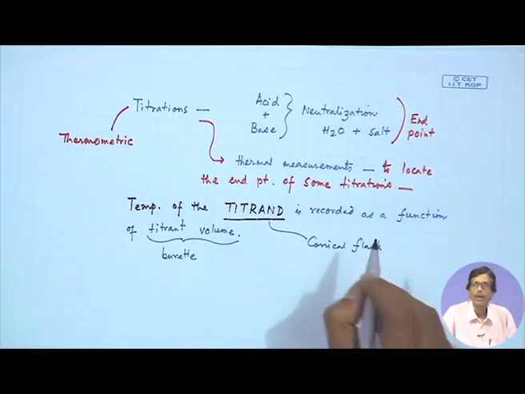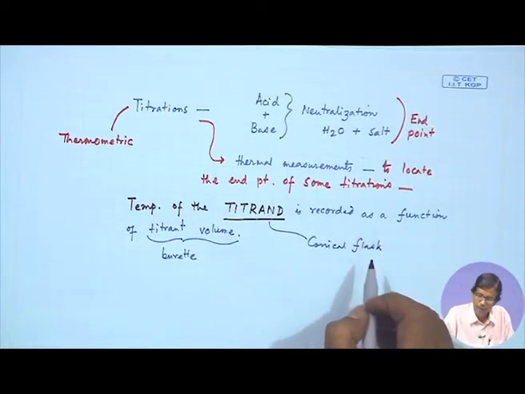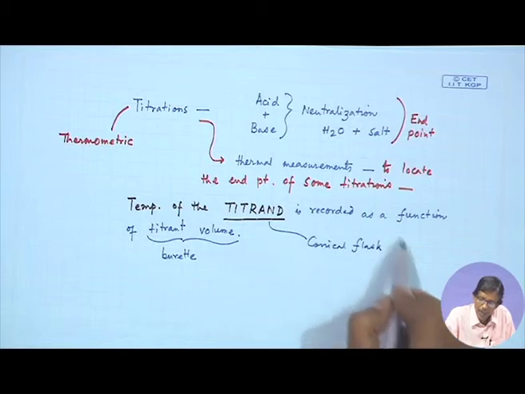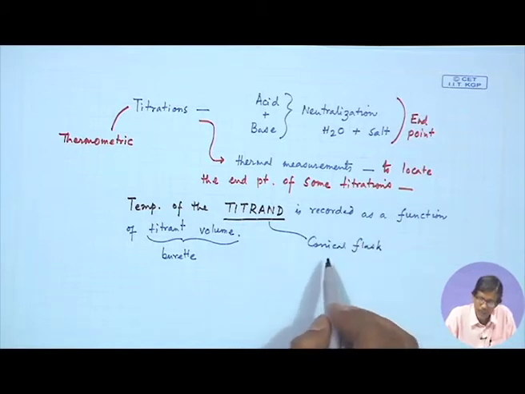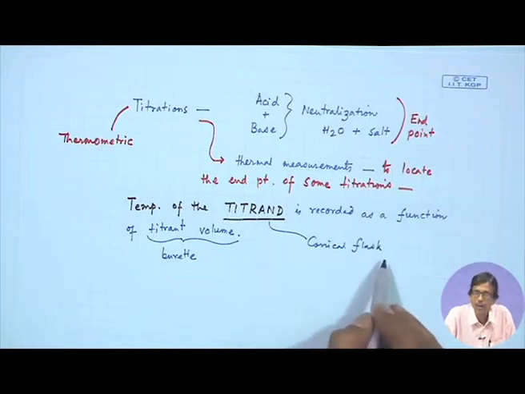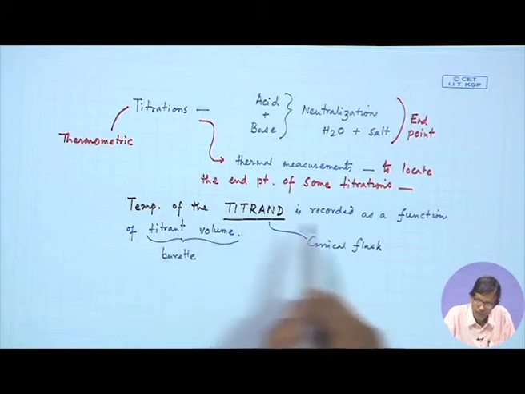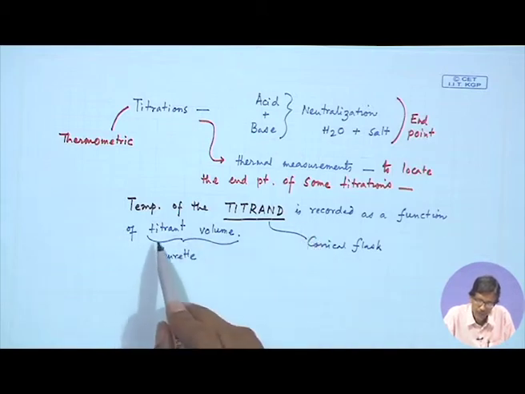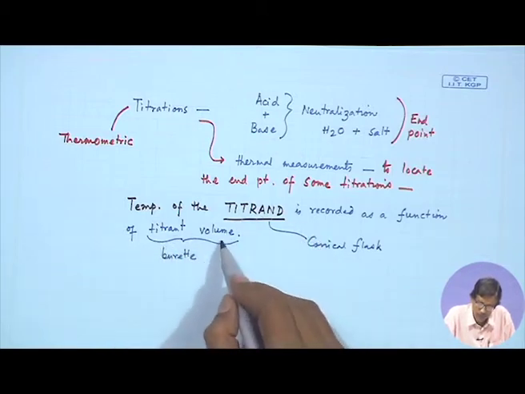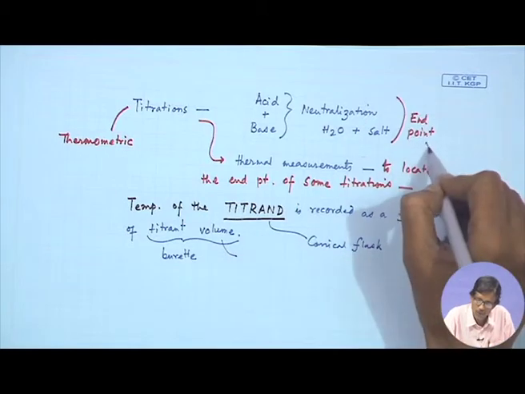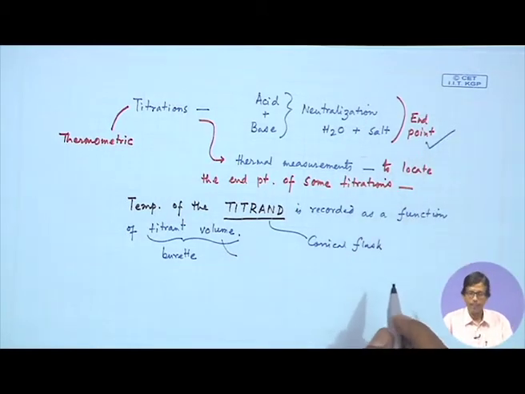Now you can yourself tell that if we can have some arrangement such that we can monitor the temperature of the reaction flask, the conical flask, where we add a certain reagent or certain acid, this titrant we are adding, and this particular volume is helping us detect the corresponding end point.